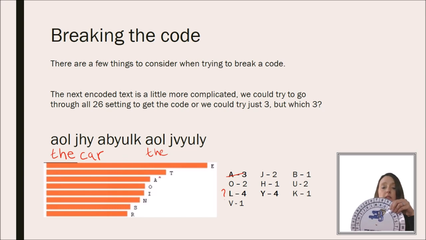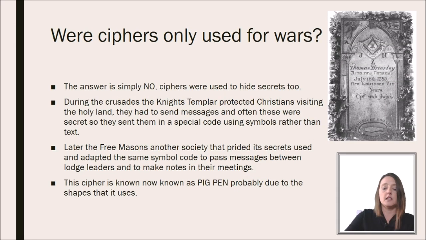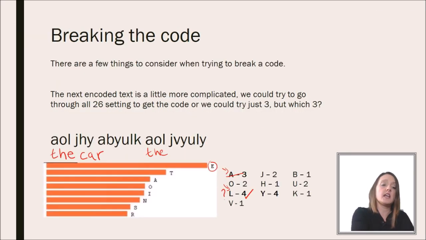Now I would say that what we've done is we have solved the key by just checking this one and this one based on the fact that E is the most common letter in the English language. Okay, and if you're interested, the statement there said the car turned the corner.